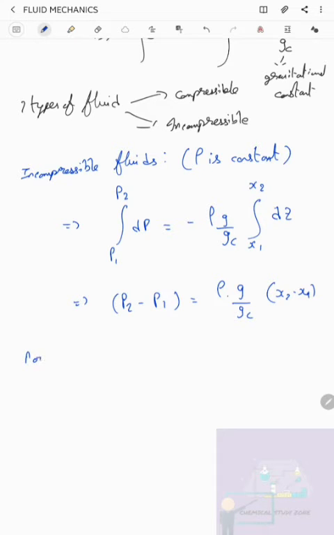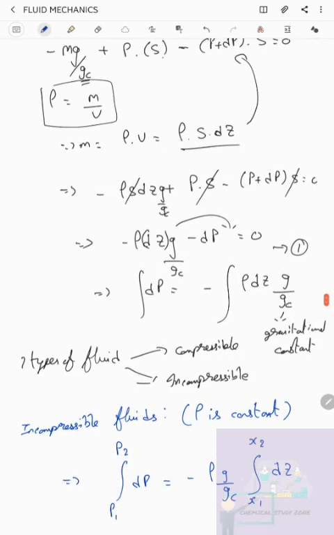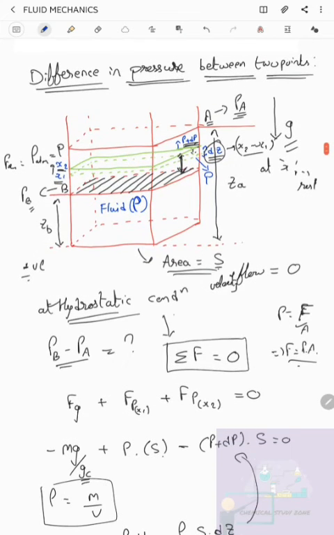Now let us consider x1 equals zb and x2 equals za. That means this x1 coincides with this point b and x2 coincides with this point a.